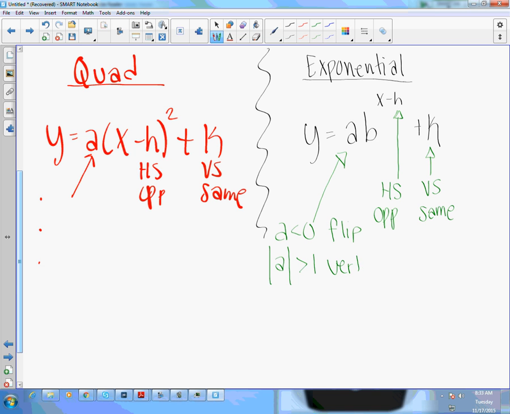Vertical stretch. And if the absolute value of a is between 0 and 1, that would be a vertical compression.